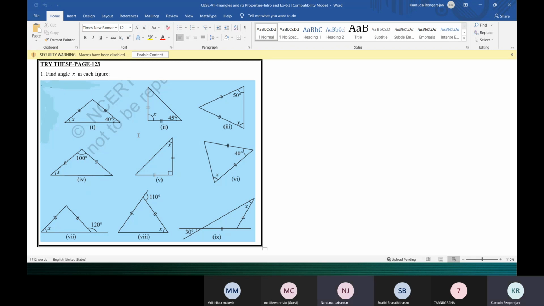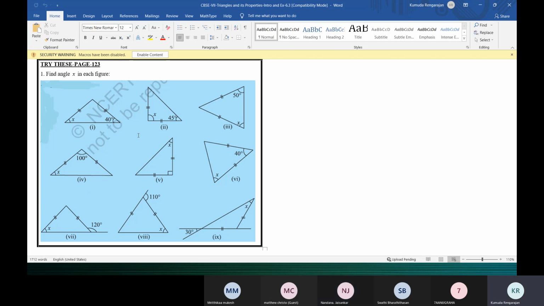Ma'am, shall I answer? Yeah, Nandana. Ma'am, since it is a right angle triangle, the square is equal to 90 degree. So 90 degree plus x is equal to 180 degree, ma'am. 90 plus x is 180.